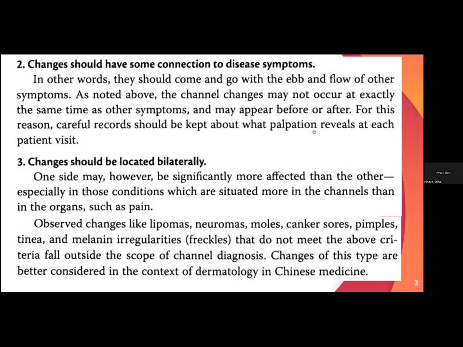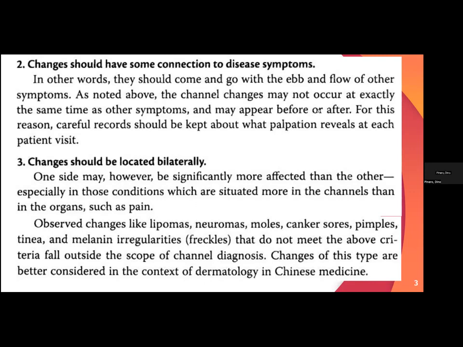As noted above, the channel changes may not occur at exactly the same time as other symptoms and may appear before or after. So, pwede po yung signs and symptoms before pa man magkaroon ng changes sa patient, pwede na pong lumabas or pwede ito lumabas after ng condition.